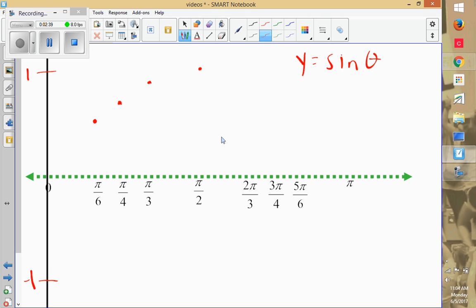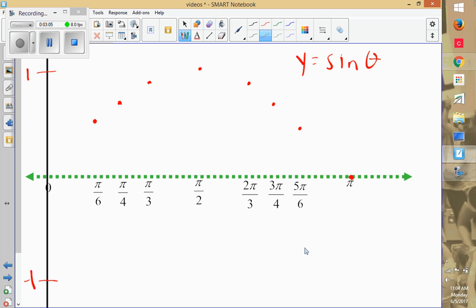So they're actually going to have the same values. The sine of 2 pi over 3 is going to be the same as the sine of pi over 3. The sine of 3 pi over 4 is going to be 0.707, and the sine of 5 pi over 6 is going to be 1/2. So by the time we get to pi, the sine of pi is 0.